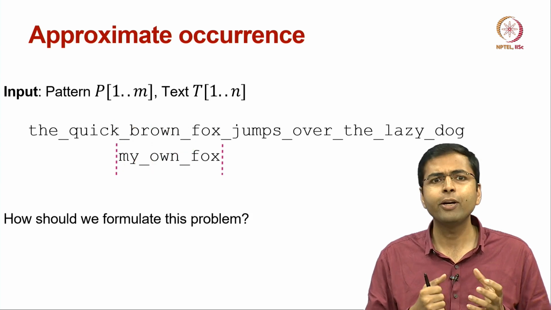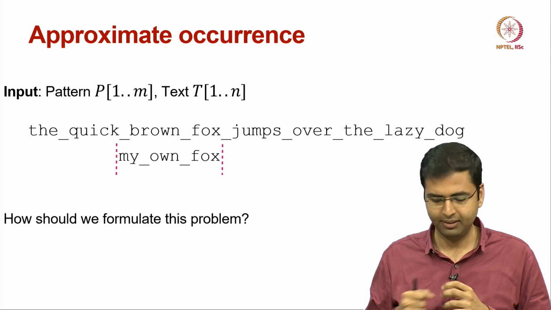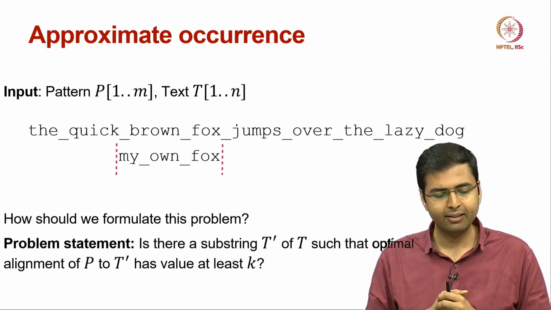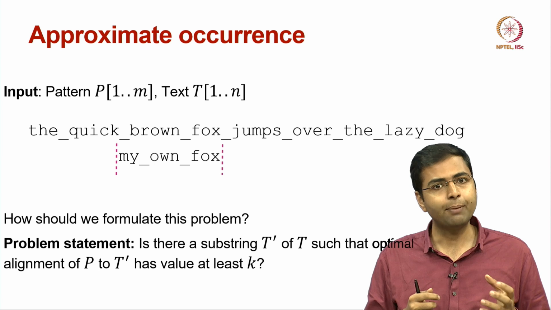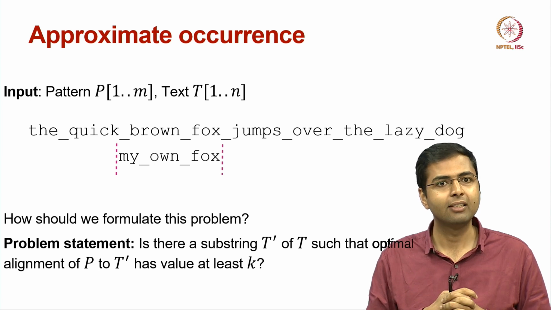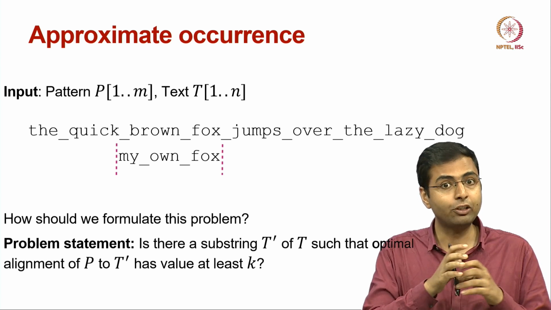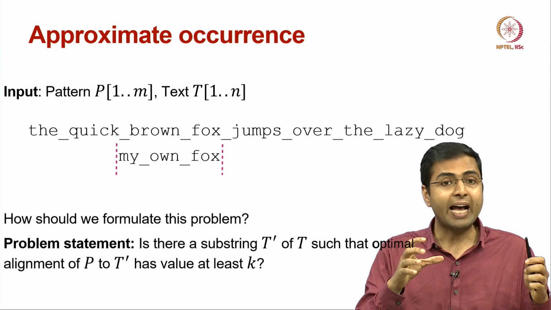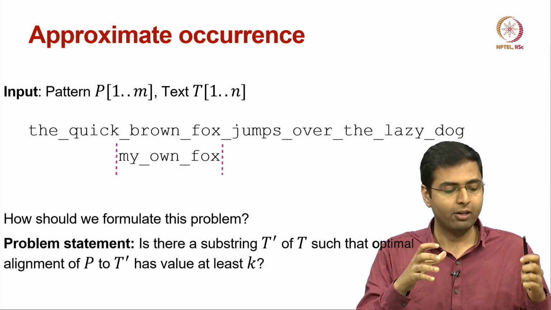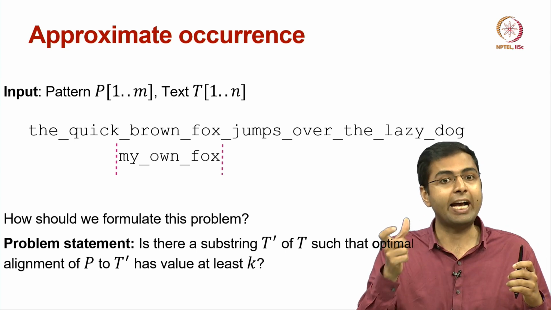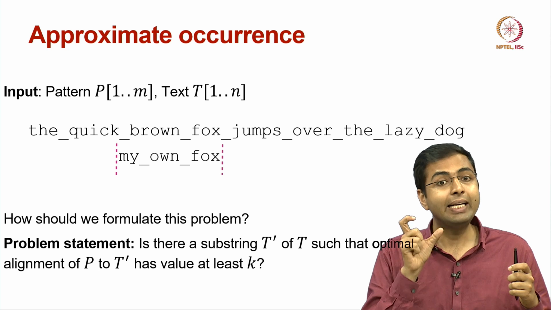Well, one way to formulate this problem is as follows. I can say: is there a substring t dash of the text t such that the optimal alignment of the pattern p to t dash has value at least k?